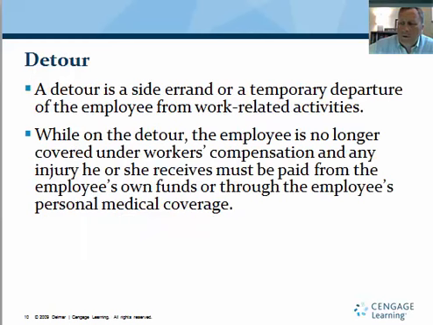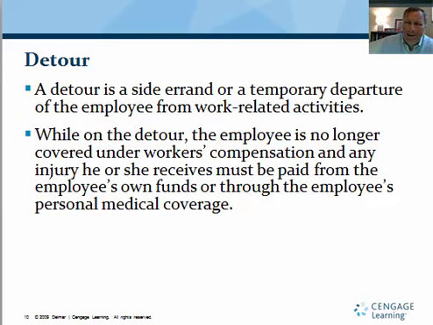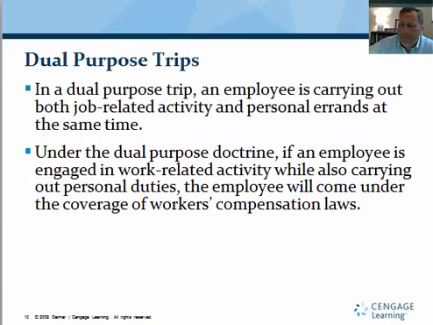At that point, once you get on that detour, you're on your own, because going to see your sister is not part of your job. So that is considered a frolic or a detour. Once you make your turn off of the main route to the training center, you're on your own time. And if you get injured while you're on your way to or back from your sister's, at that point, you're going to be responsible for your own injury, and your workers' compensation is probably not going to cover the injury.